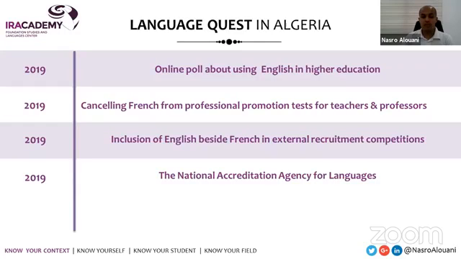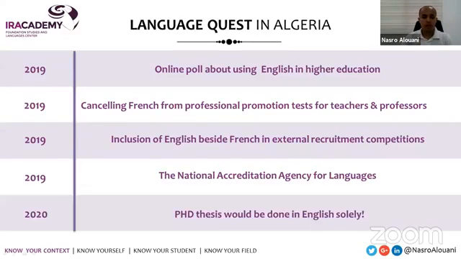In 2019 as well, the National Accreditation Agency for Languages was announced by Tayyeb Bouzid, I guess at Sidi Bel Abbes University, and I don't know whether it was realized or not. I saw no trace of it online. I would really love it if it happened, because such an agency would give accreditation to private schools and private circles in English and other languages.